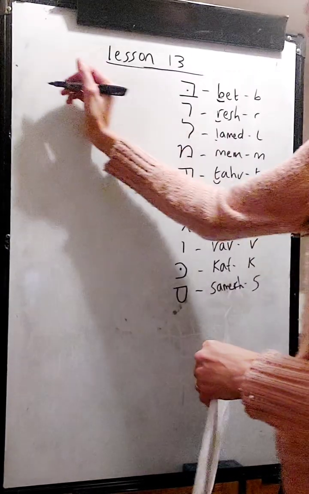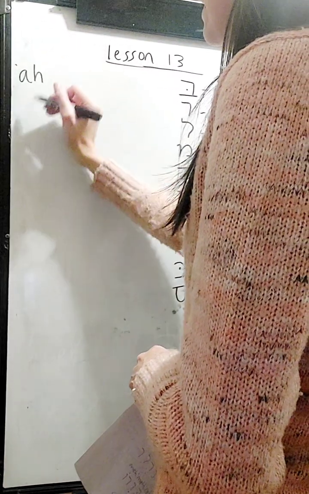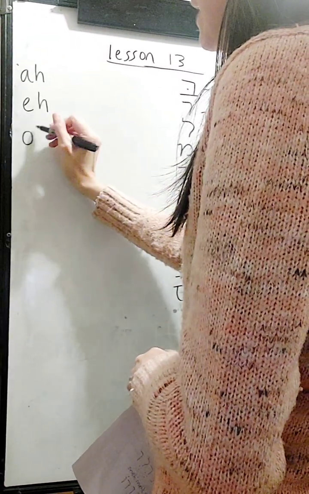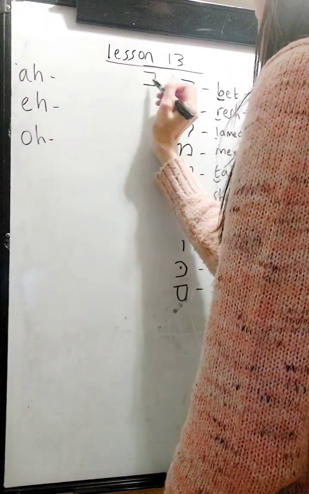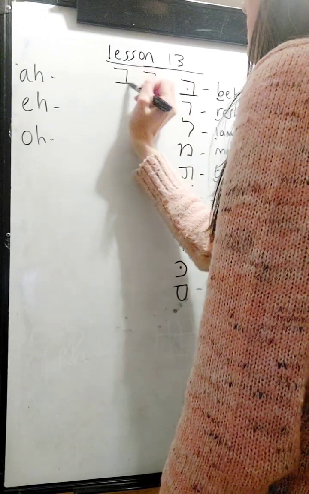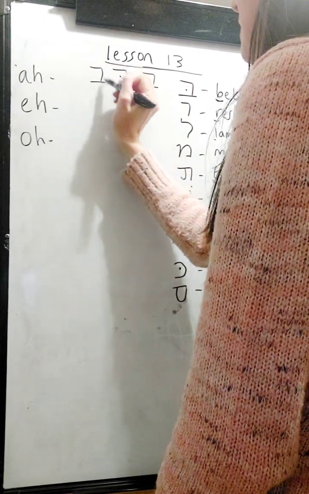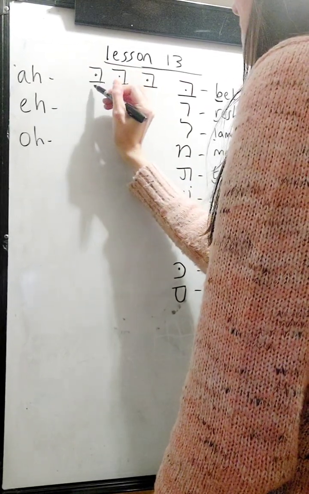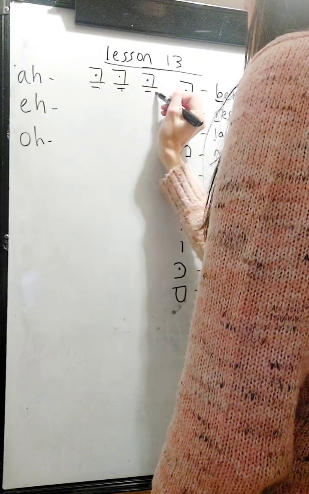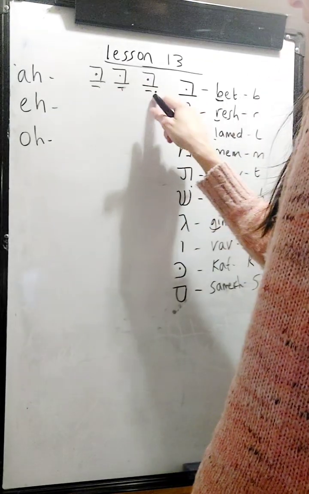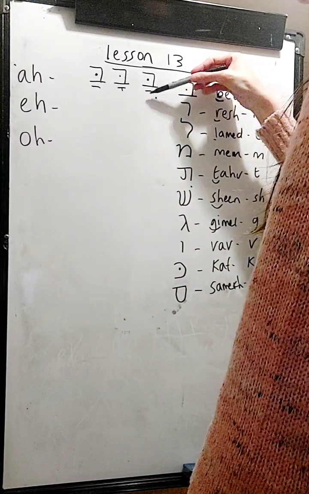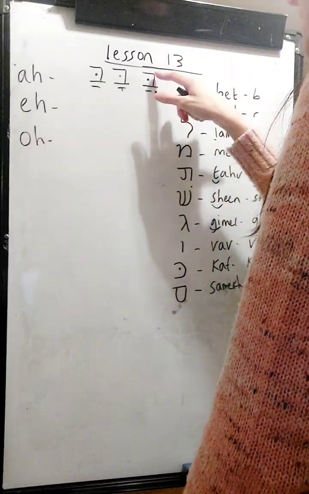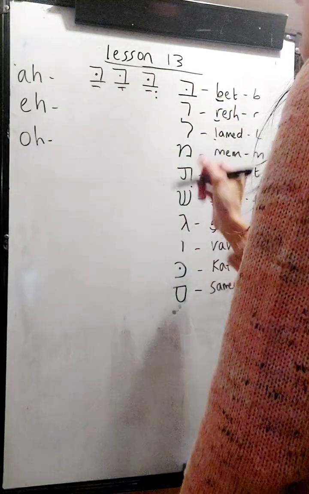And the vowels we've learned are A, E, and O. Just a recap on the vowels. And I'm going to use the bet as examples. Okay. They're the three symbols for the A vowel, which sounds as A. So these all are read: sound of the consonant, ba, sound of the vowel attached, A. So they'd all be read ba, ba, ba.